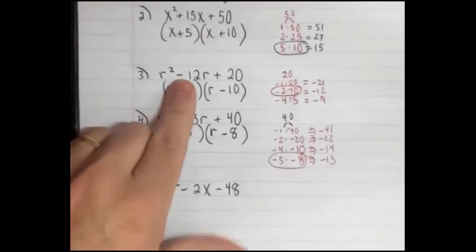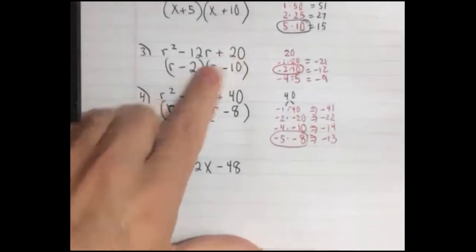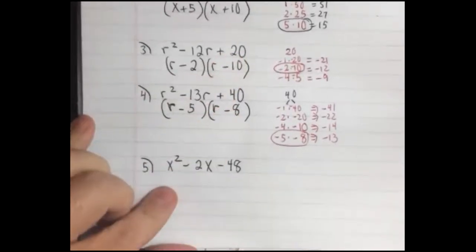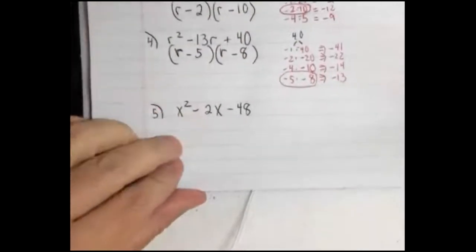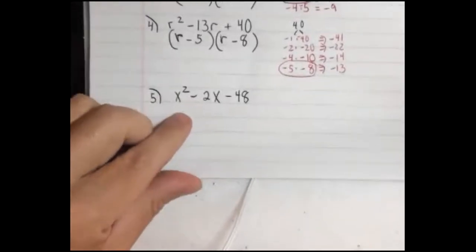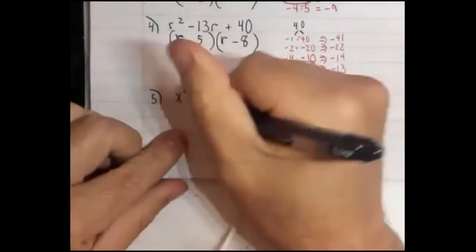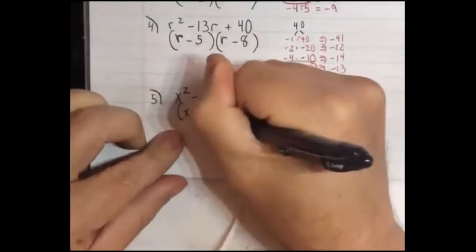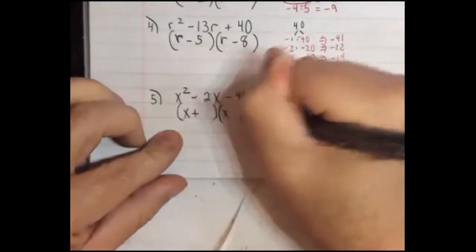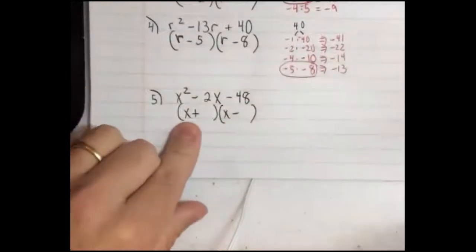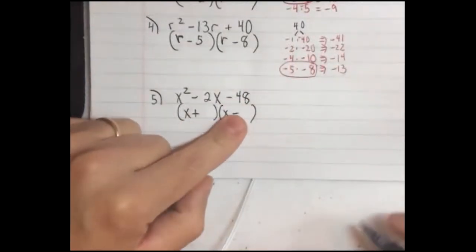When that middle term's negative, but the last number is positive, that means they're both going to be negative. Well, originally to set these up, it's x squared minus 2x minus 48. If that last term is negative, what that tells me is that when I set this up, one's going to be positive and one's going to be negative.